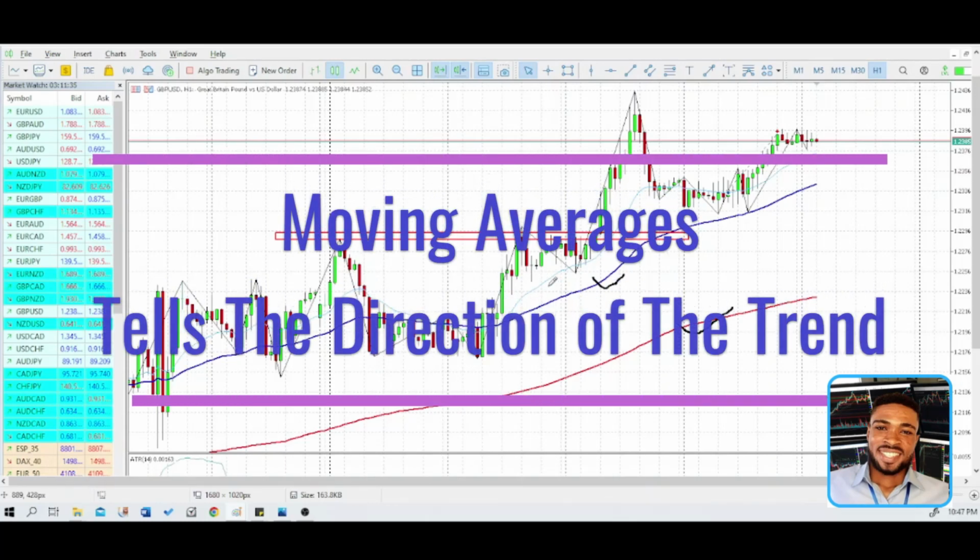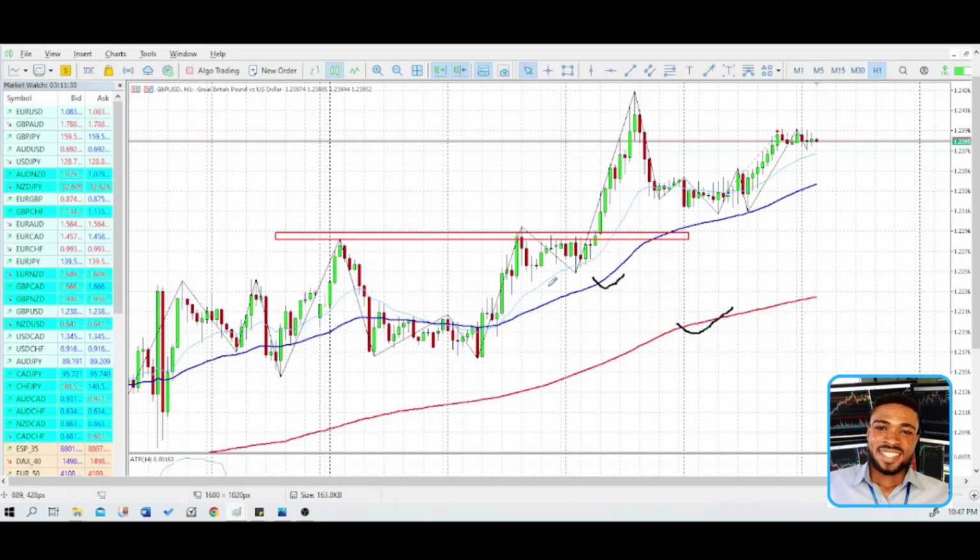These moving averages are just there to tell me the direction of the trend. I've always been saying it: the moving average does not tell me when to buy or when to sell, but it tells me the direction of the trend. So if the moving averages are in sequence, with the 200 below, the 50 above, and the 20 above, it means we are on an uptrend.